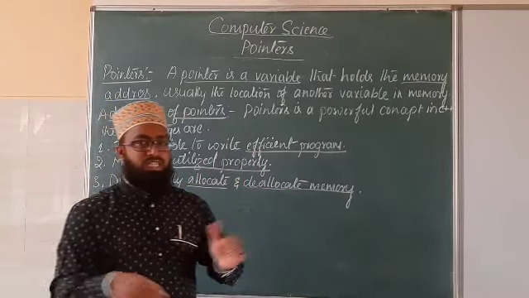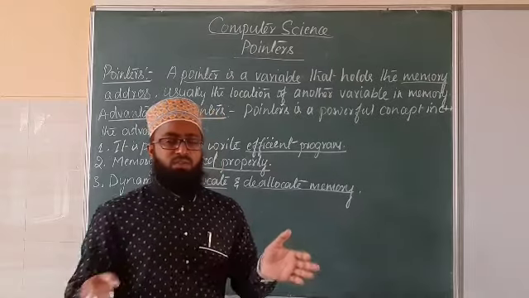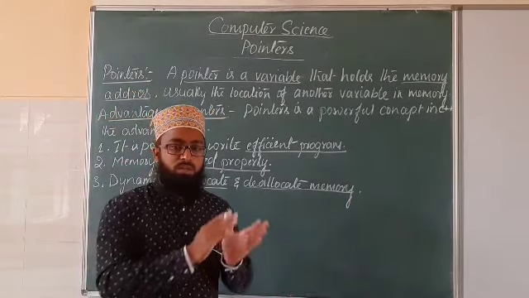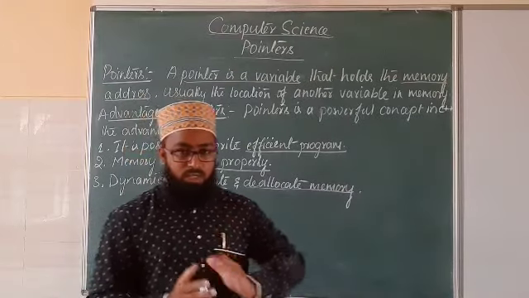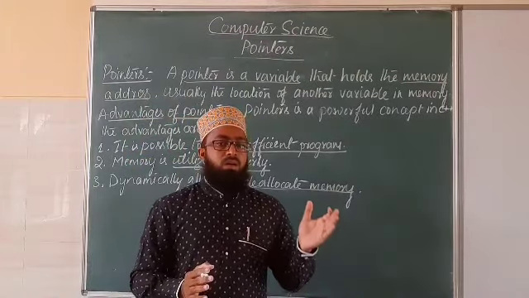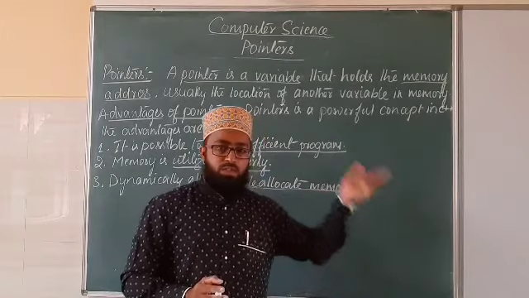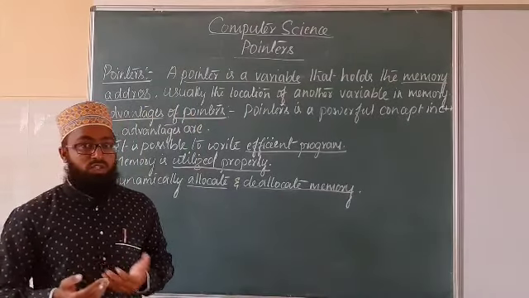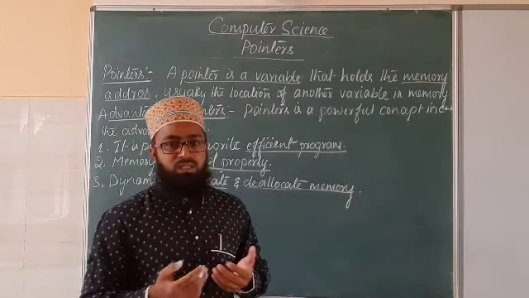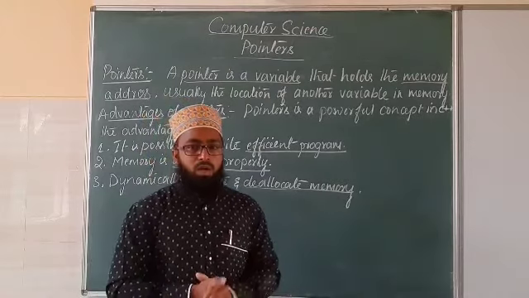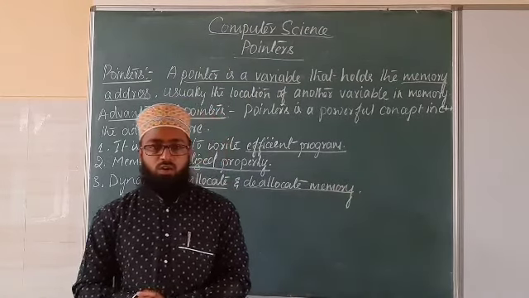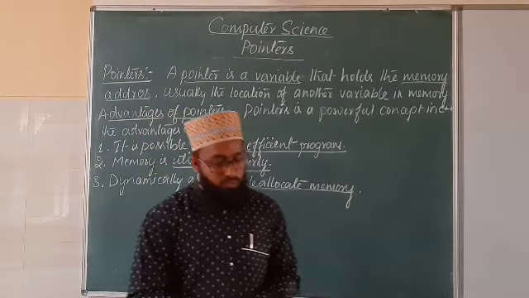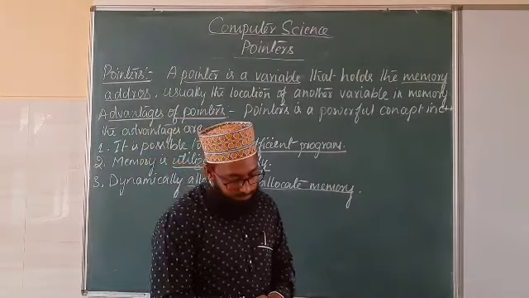If you want to delete the variables from the memory location, because we don't want this memory location for this variable, then the variables can be removed from that memory location and shifted to some other memory location. This is called allocation and deallocation of memory. It is done dynamically. This is the third advantage of pointers.